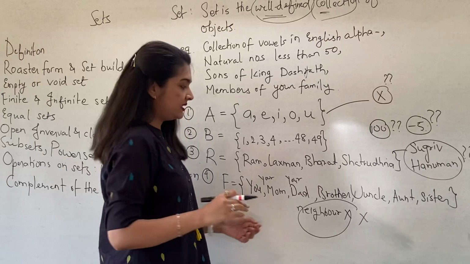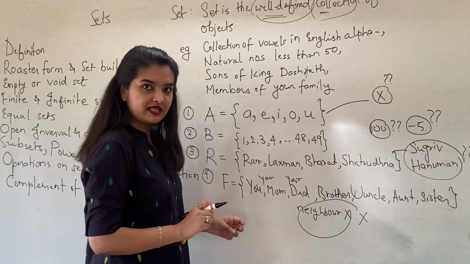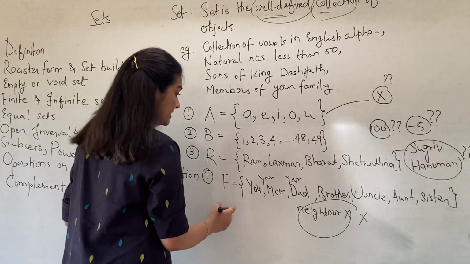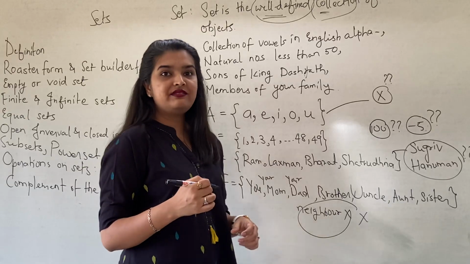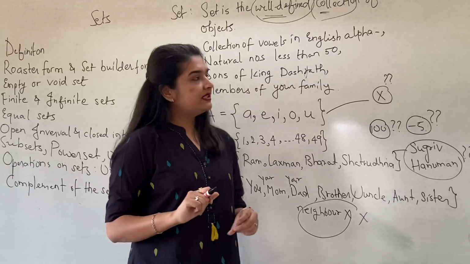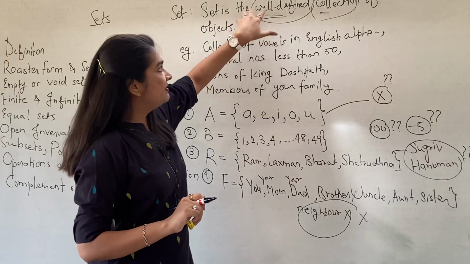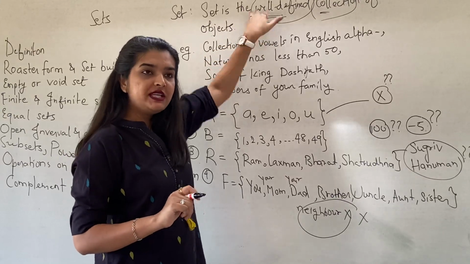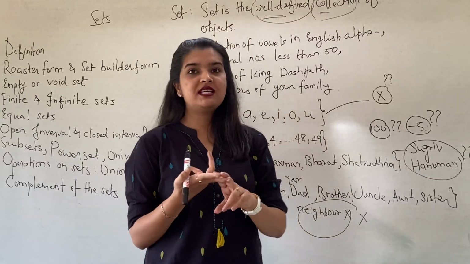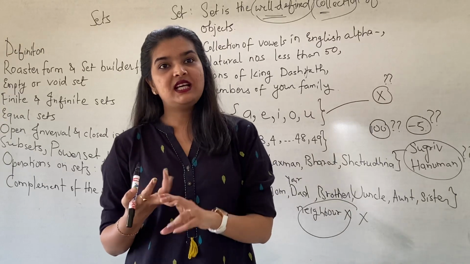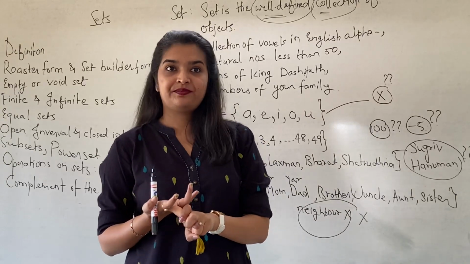No, I will not belong to this set. Got it? Because I am not a member of your family. So now it is clear that set is nothing but the well-defined collection of objects. The two words are more important, that is well-defined and the collection of objects.